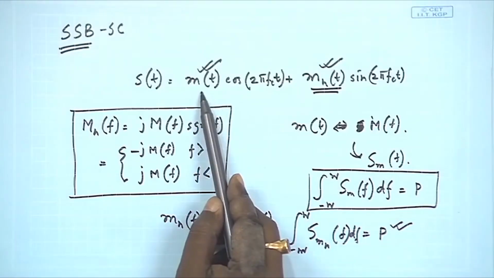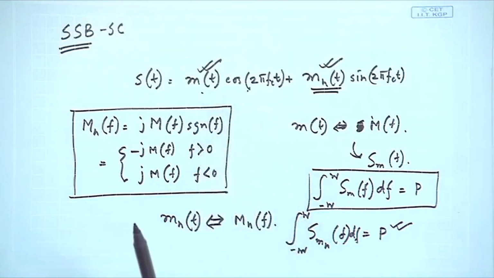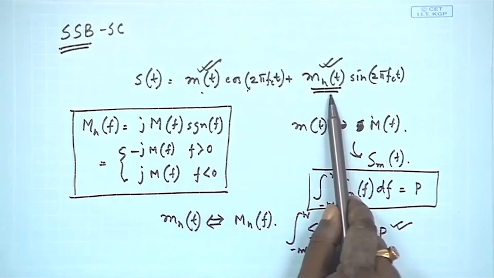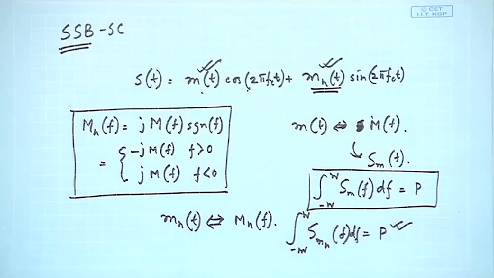So, now for the modulated signal, if this is P, the corresponding multiplication with cos must give P by 2, and if this is also P, the multiplication with cos or sin, whatever you multiply, the overall power will again be half. So, it should be P by 2. P by 2 plus P by 2, it is the overall power P that is being transmitted. So, this is something we could know after doing all these things.